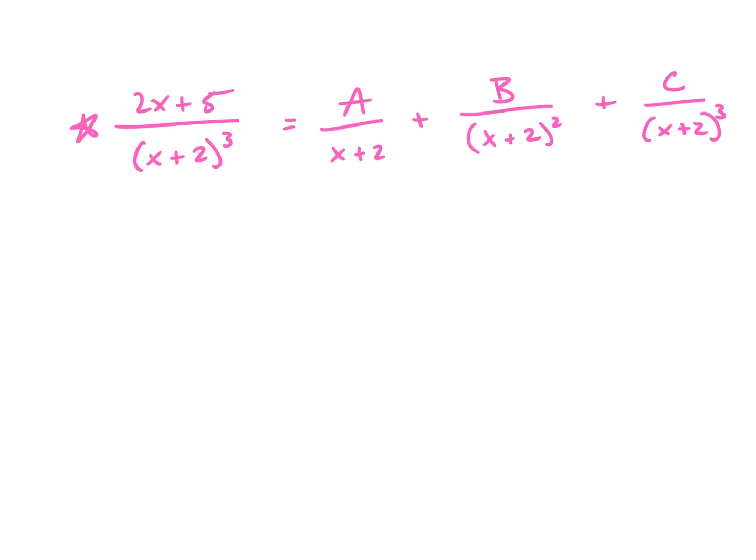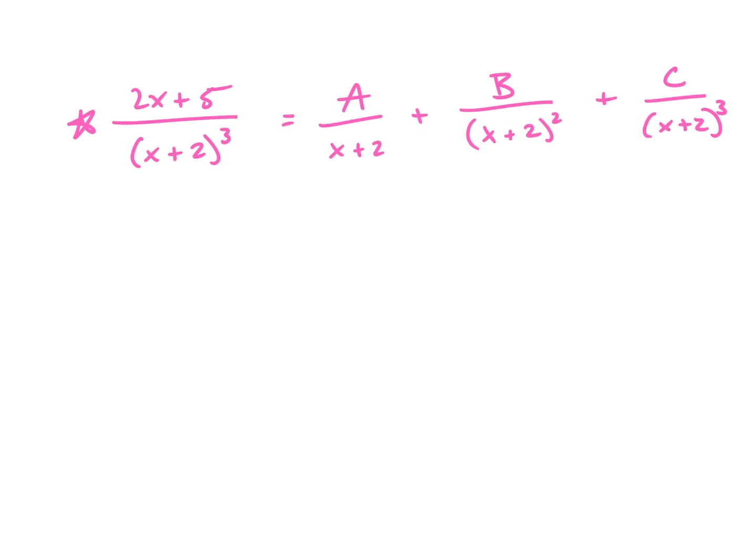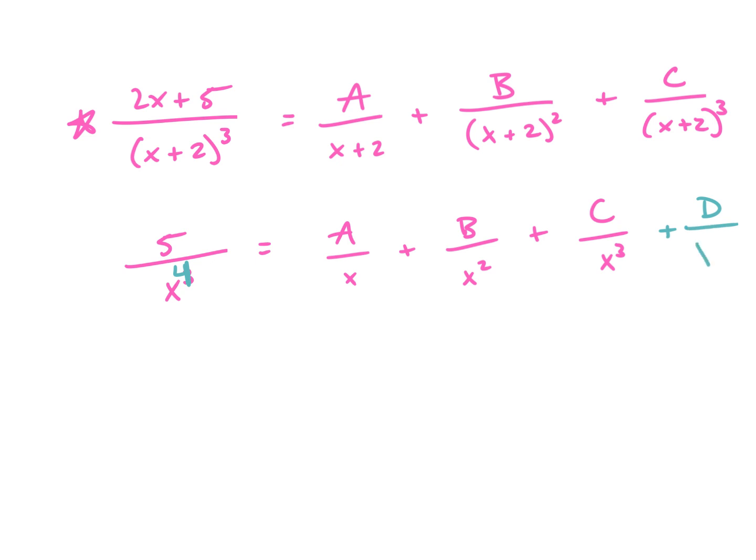The same rules apply. It doesn't have to be a binomial squared. Let's say I had 5 over x cubed. Same rules apply here. We would have A over x plus B over x squared plus C over x cubed. Or if this was x to the fourth power, then we'd have plus D over x to the fourth power.